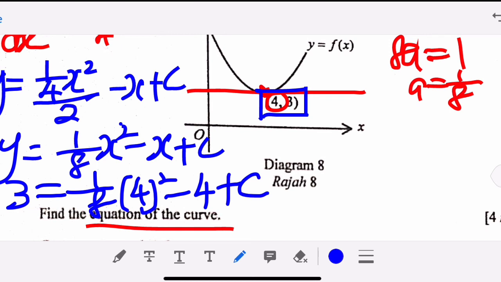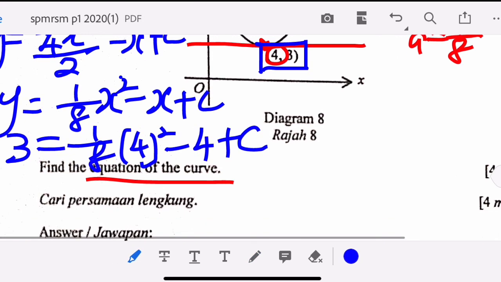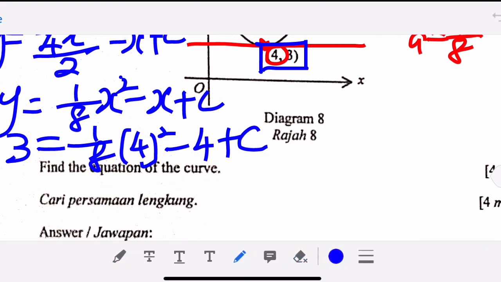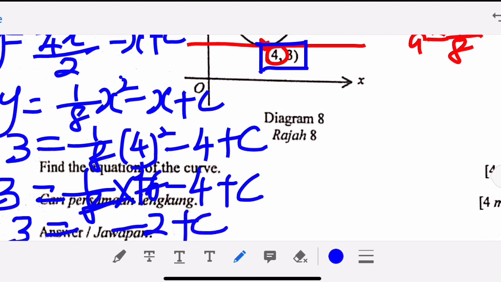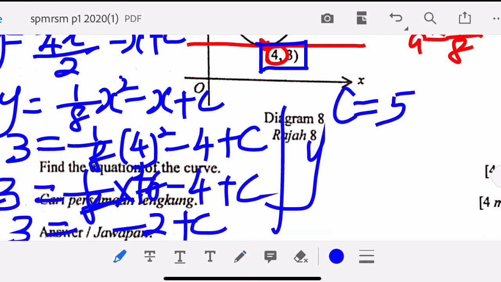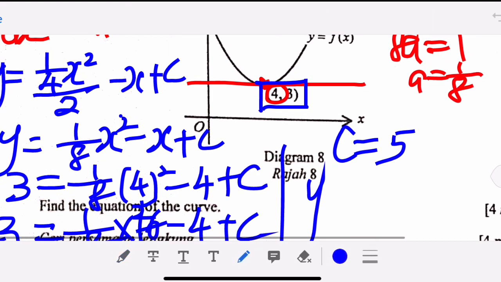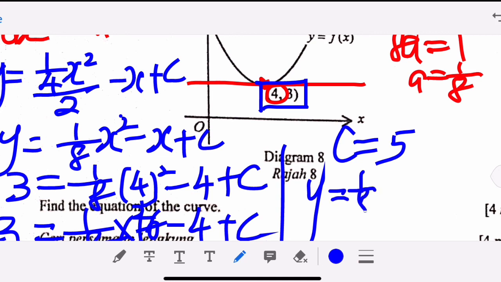Let's simplify further for c. This is 1 over 8 times 16 minus 4 plus c. So we have 3 equals negative 2 plus c, hence c is 5. Then the equation of the curve we write back is y = 1 over 8 x squared minus x plus 5.